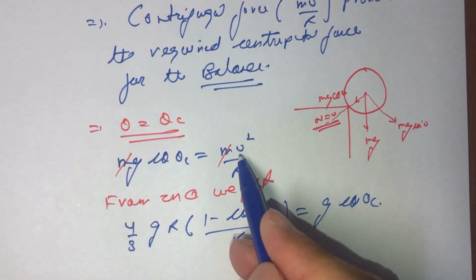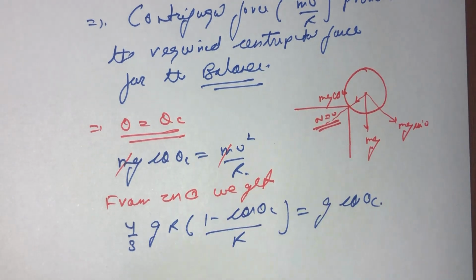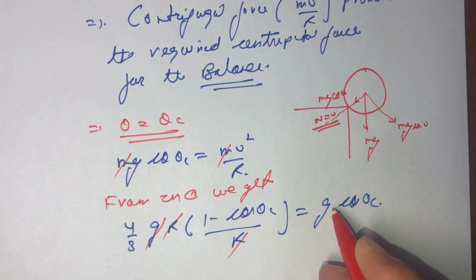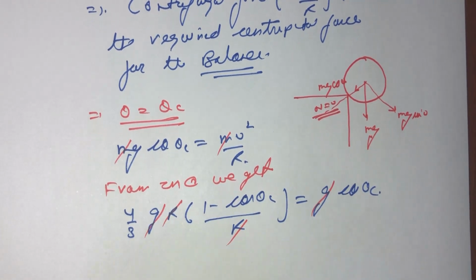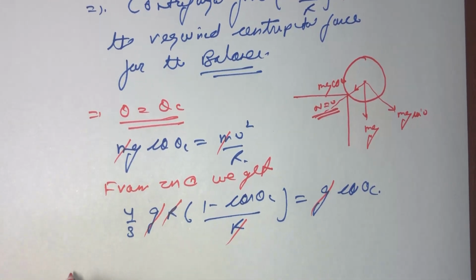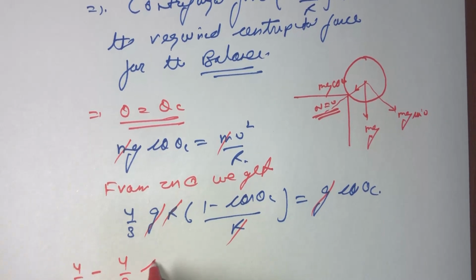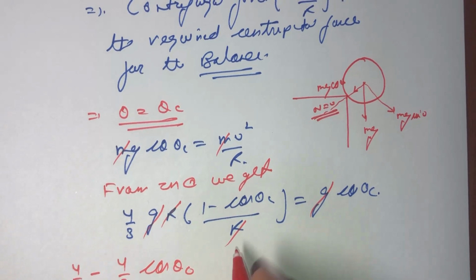Simply substitute the value of V square from equation number 2, R cancels with R and G cancels with G. So we can write this expression as 4 by 3 minus 4 by 3 cos of theta c is equal to cos of theta c.